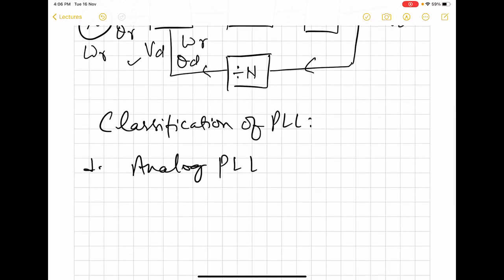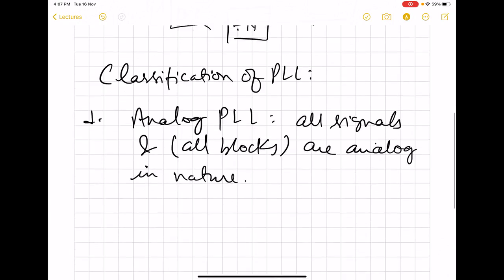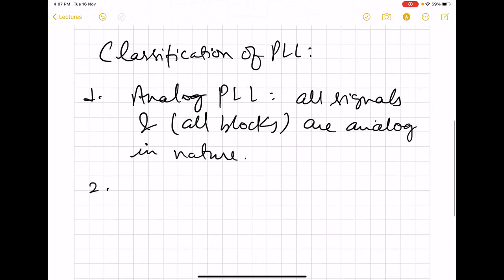In this implementation, all signals and hence all blocks are analog. Second is digital PLL.